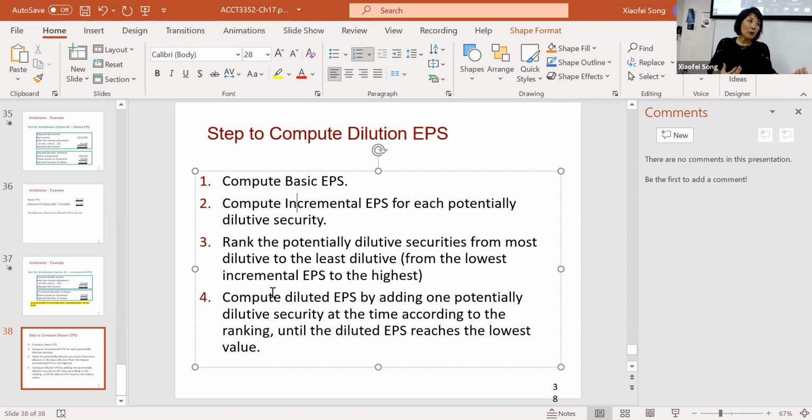When you have multiple potentially dilutive securities, we need to use the if-converted or treasury stock method to compute the incremental impact of each potentially dilutive security, compute incremental earnings per share, and then rank them and include them one by one according to their rank.